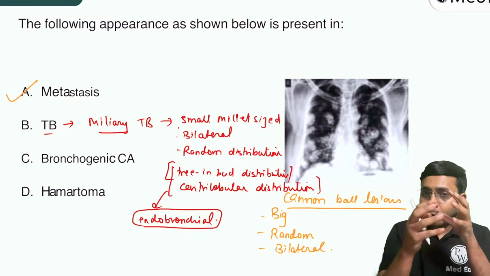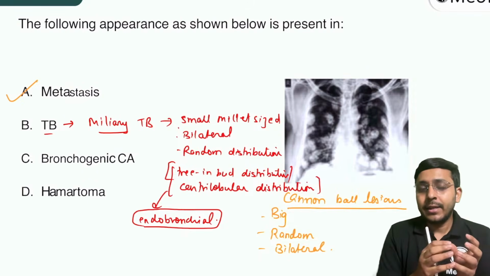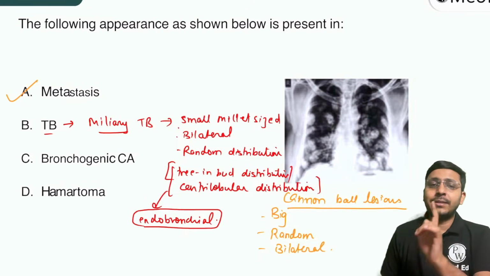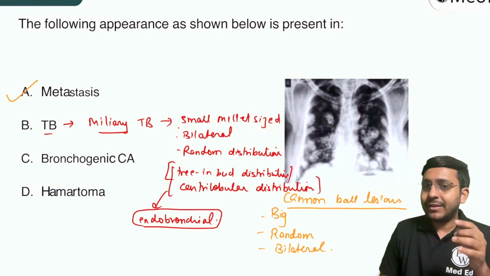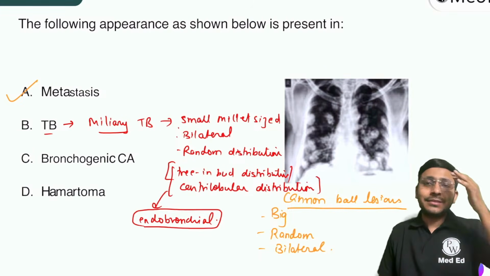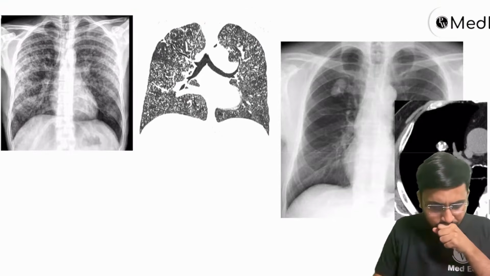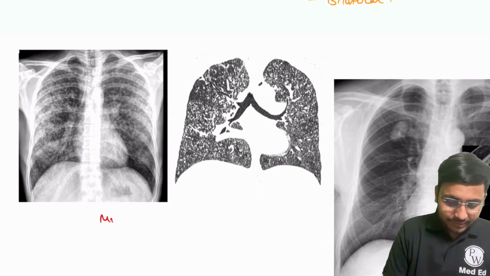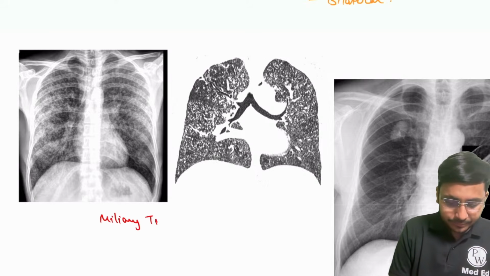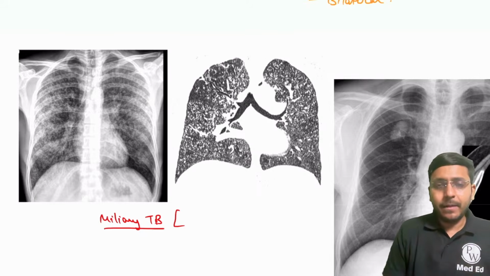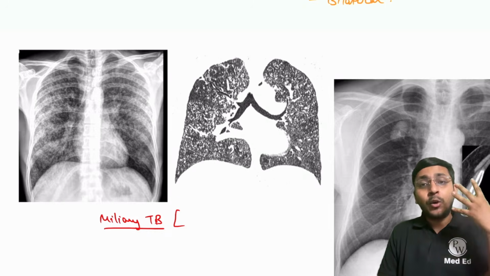It is localized to the bronchi and spreading by bronchi. That spread shows tree in bud appearance or centrilobular distribution. But if it's a hematogenous spread of TB, like it happens in HIV or in immunosuppressed patients, then you get this type of picture. This is known as miliary TB.